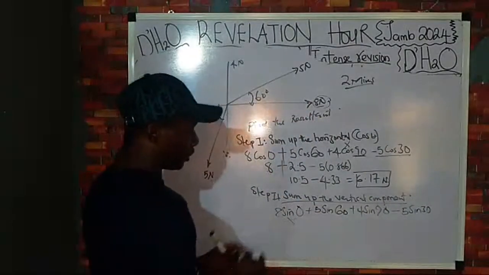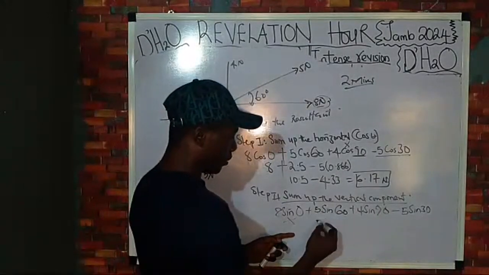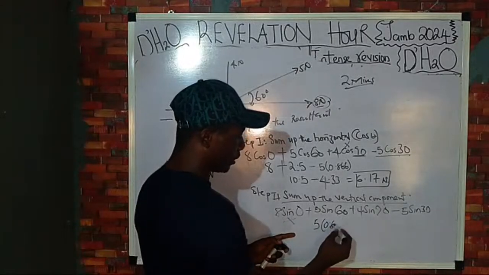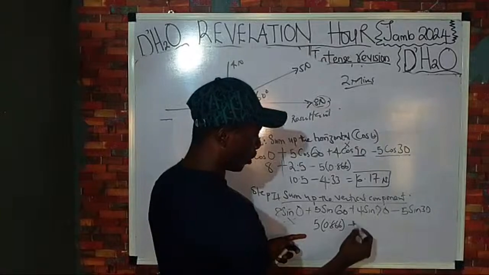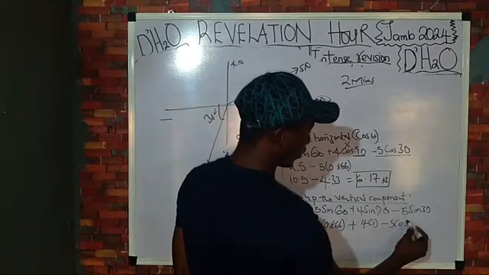8 times 0 is 0, so that one is out. What you have here is 5 bracket root 3 over 2, which is 0.866, plus 4 bracket 1, minus 5 bracket 0.5.